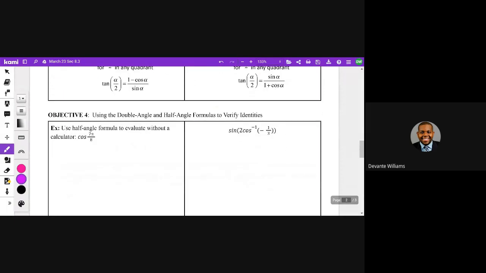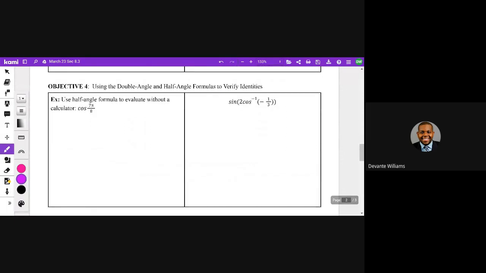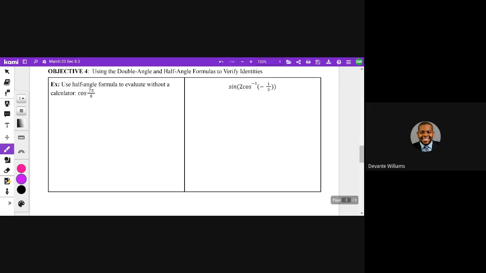We want to use the half angle formula to evaluate the cosine of 7 pi over 8. Go ahead and make sure this is an 8 on your notes. Scratch out that 4, make it an 8. All right. So looking for the cosine of 7 pi over 8, we know that our half angle, alpha divided by 2, equals 7 pi over 8.